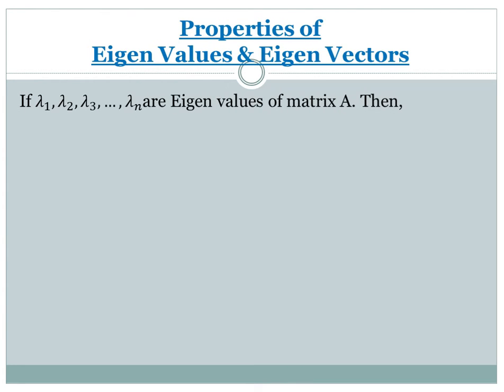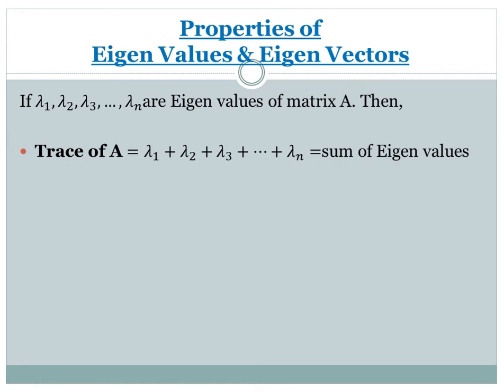Now we see the properties of eigenvalues and eigenvectors. If lambda 1, lambda 2, lambda 3 up to lambda n are eigenvalues of matrix A, then the first property: trace of matrix A is equal to the sum of eigenvalues, that is, trace of A is equal to lambda 1 plus lambda 2 plus lambda 3 and so on up to lambda n.